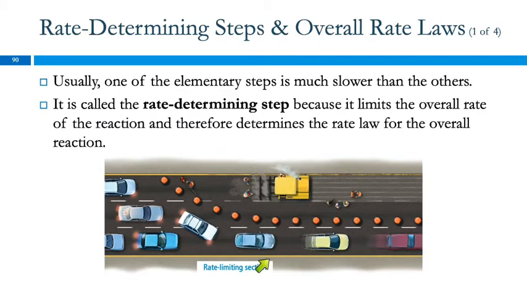This is like the rate limiting step, that slowest elementary step. Cars can come up fast to this point, and they can go fast after that point, but here everything gets bottlenecked, right? And it slows down. So you can't make this trip faster than you can get through this one section. Any questions?